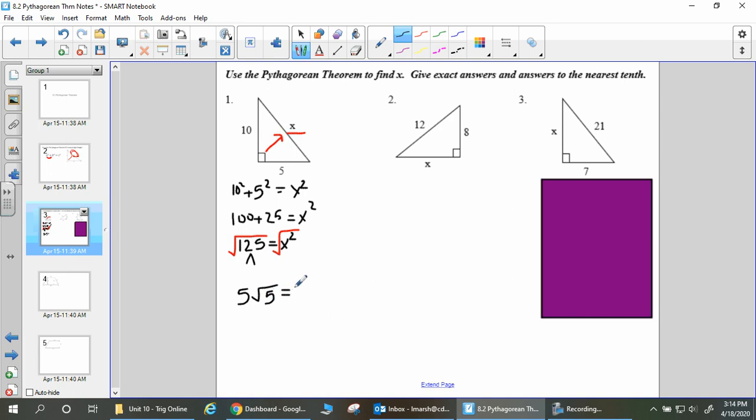And then you also want to get your decimal value. So again, my recommendation is type the square root of 125 in your calculator, just in case perhaps you made an error when you simplified. And the square root of 125 to the nearest tenth, meaning one decimal place, is 11.2. So those are my two answers.